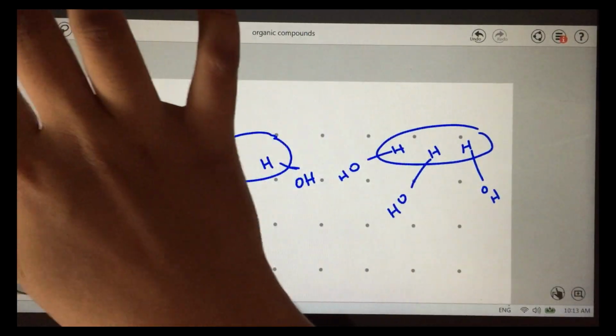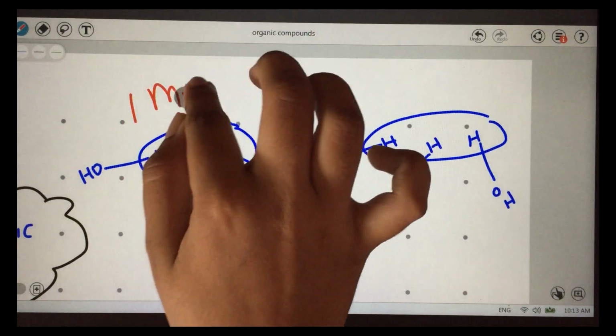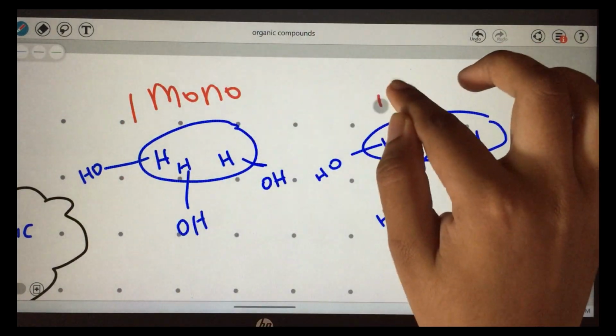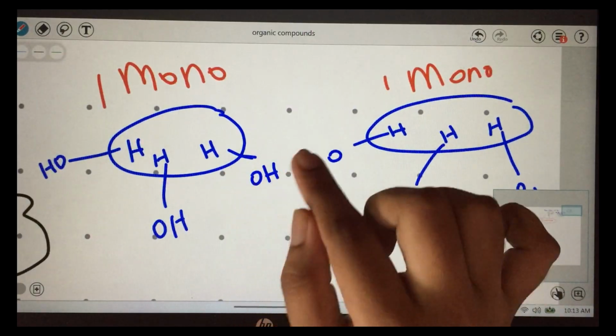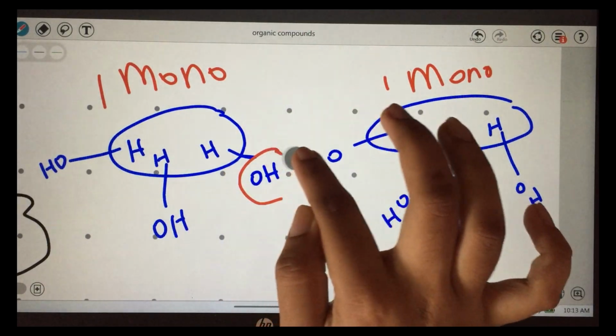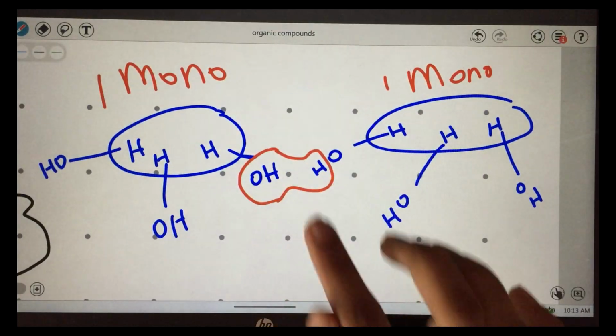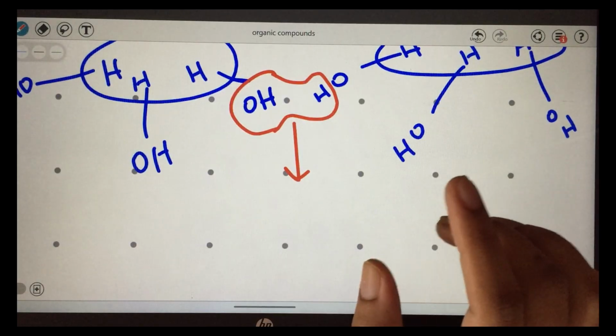So this is one monosaccharide molecule, and this is another monosaccharide molecule. Now the OH group in this monosaccharide is going to remove a hydrogen from the other one. What is this? Two hydrogens and one oxygen, that is water.